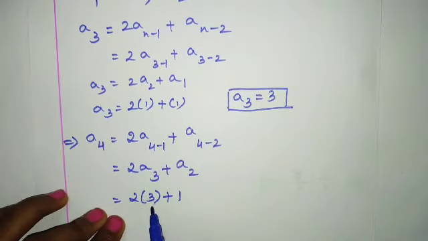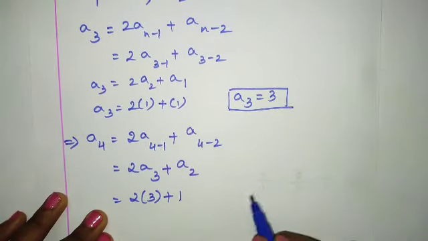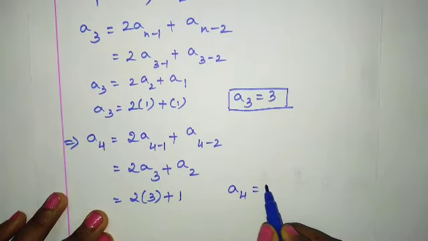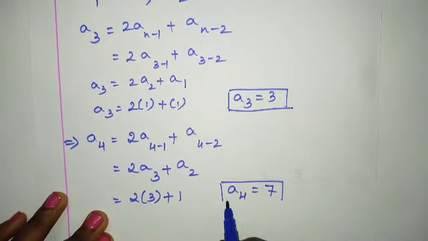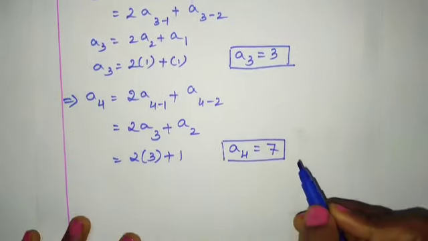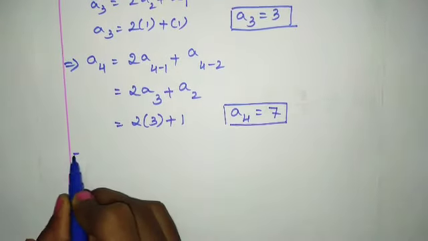So 2 threes are 6, 6 plus 1 is 7. So your a4 is 7. Got it?